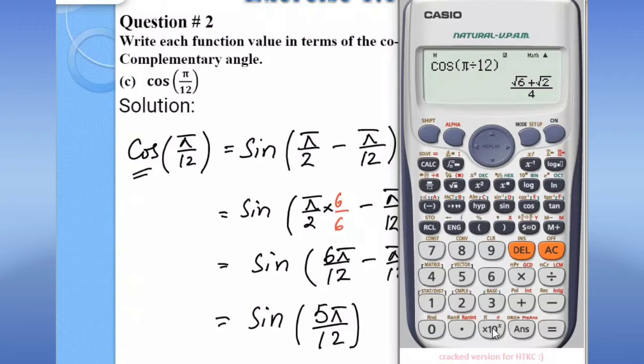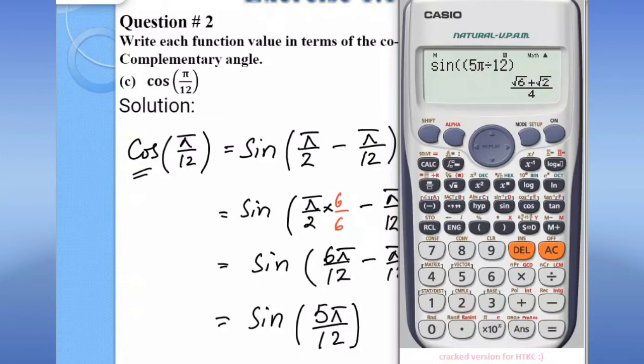So remember it. Now I would check sine of 5 pi by 12. You can see the same answers are coming in both cases. So that is the proof that our answer is correct.